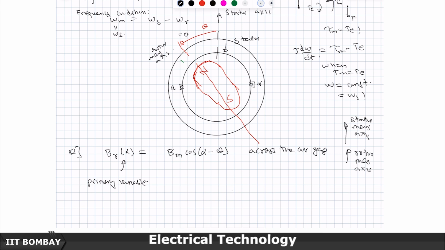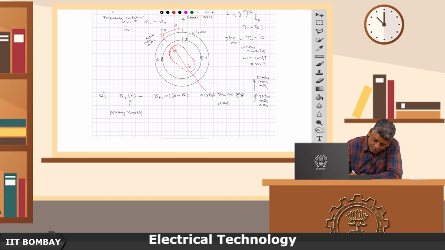The answer is, at alpha equal to theta, the B is peaking here. So, cos of this becomes 1, and then B keeps reducing with a sinusoidal distribution, as per Bm cos of alpha minus theta.